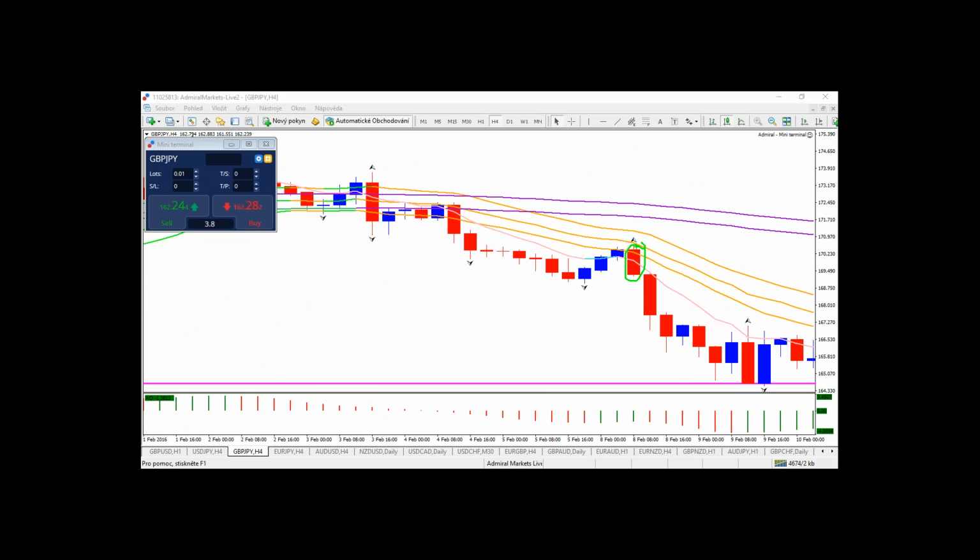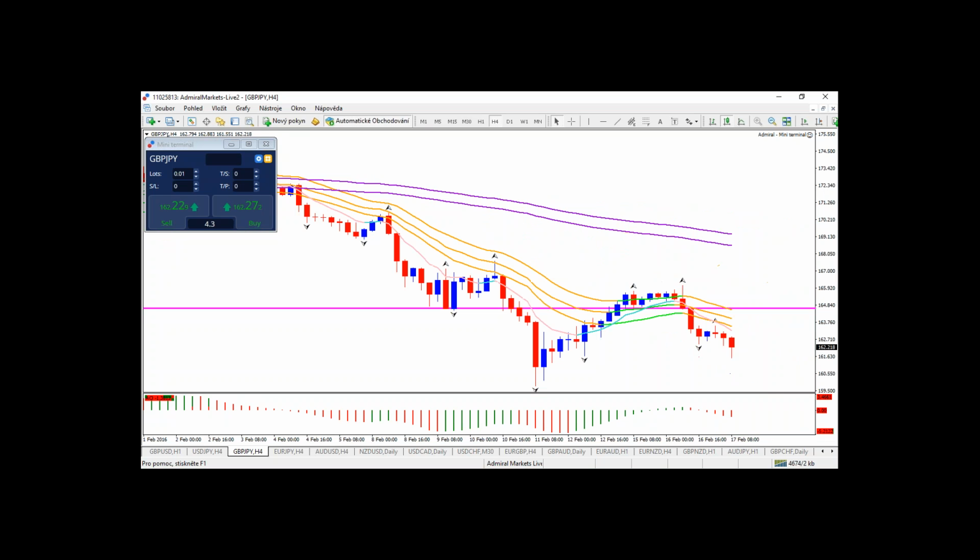You have the EMAs aligned. You have alignment. You have 21 EMA staying bearish. You have a small pullback and quick continuation. Those are great. Those are the best ones, but doesn't mean that the other ones are off the table or bad. It just means that we have to be a bit more cautious sometimes.